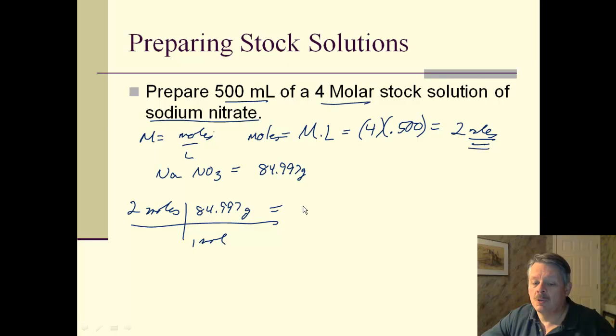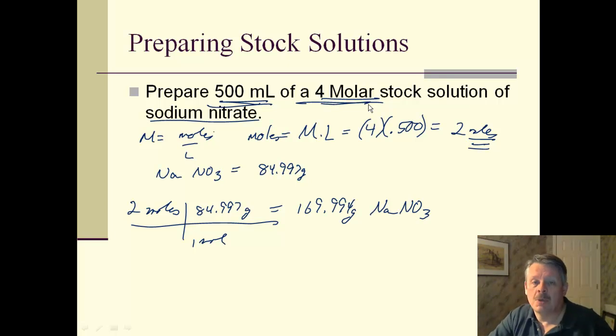So I multiply that out, and I get 169.994 grams of sodium nitrate in 500 milliliters of solution to make a 4 molar stock solution. So there's a way where you would actually use this information that we're actually doing. Okay, and guys, I just did this last week with sodium hydroxide and with copper sulfate. So I've done it recently.